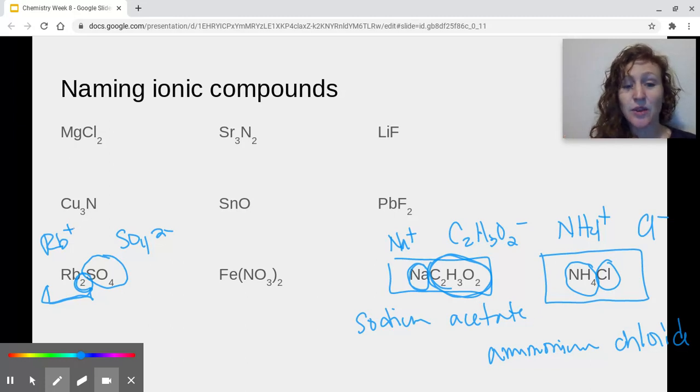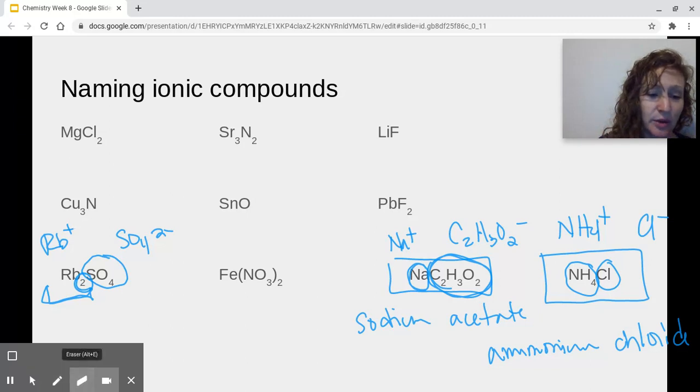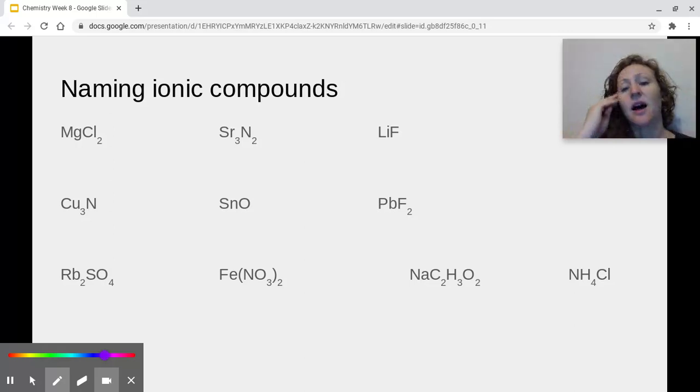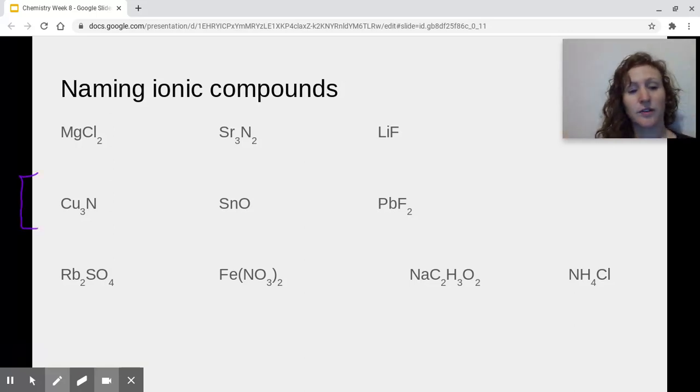Okay, so the trickiest ones to name, in my opinion, are the ones that involve the transition metals. So let me show you a couple of those. All of these in this middle row involve a cation that comes from a transition metal.